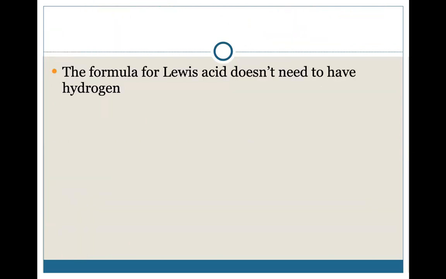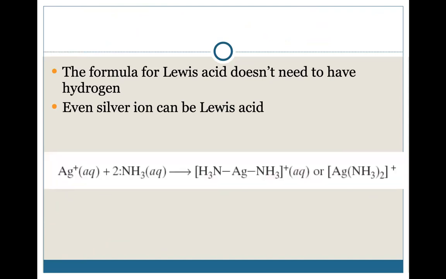So the formula for a Lewis acid doesn't even have to have hydrogen. I'll give you another example. A silver ion can be a Lewis acid. Here we have a silver ion, which is going to accept, again with ammonia, the electron pair, and it's going to form a bond. So silver is the Lewis acid and ammonia is the Lewis base.